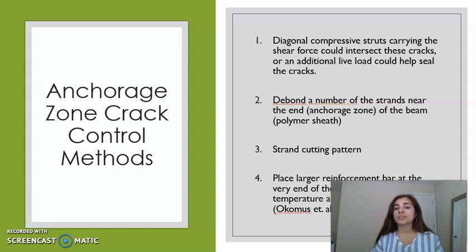Note that only 40% of any row or 20% of total strands should be debonded per most DOTs' guidelines. Another method is strand cutting pattern. A number of studies look at the order in which you cut strands in the pattern and how that can help control anchorage zone cracking. And lastly, placing larger reinforcement at the very end of the girder could counteract the effects due to shrinkage.